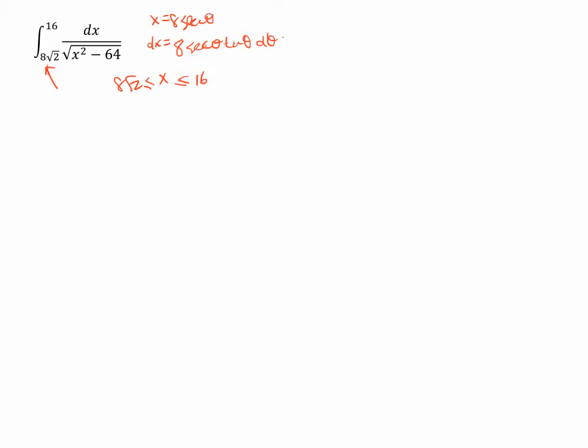So for example, in other problems, we set x equals a sine theta or something else, tangent theta. But in another case, for example, I say a is a sine theta, not this one. So 16, 8 square root 2, for example, here.